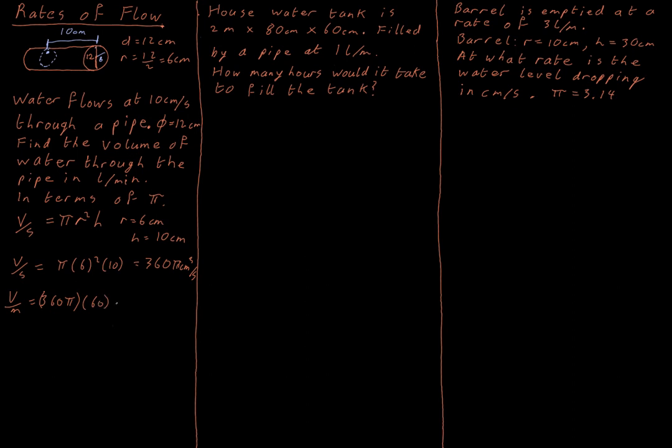So that's times 60 to turn it into minutes. Gives us 21600 pi centimeters cubed per minute. And then we want to turn it into liters, so we need to divide by 1000.